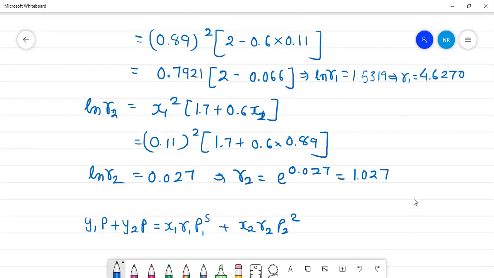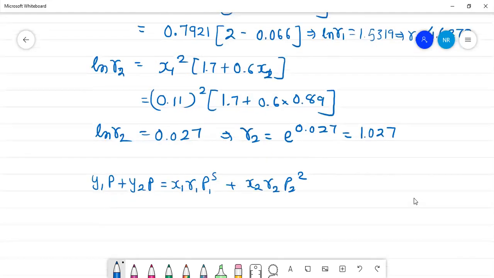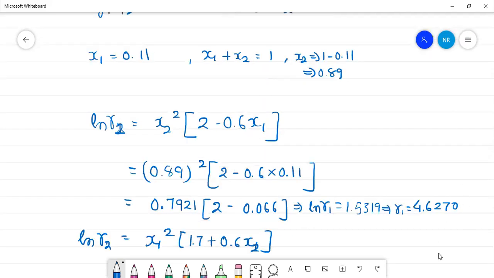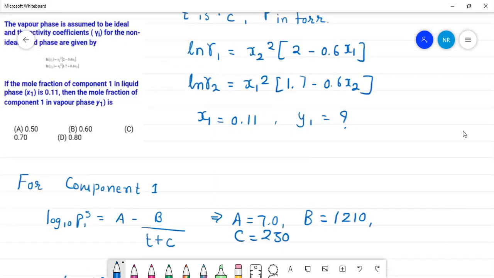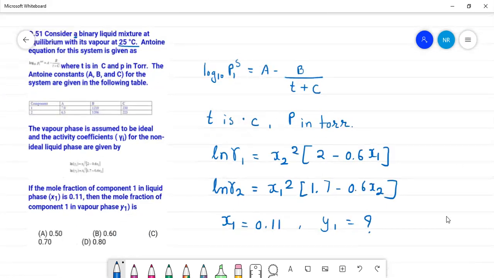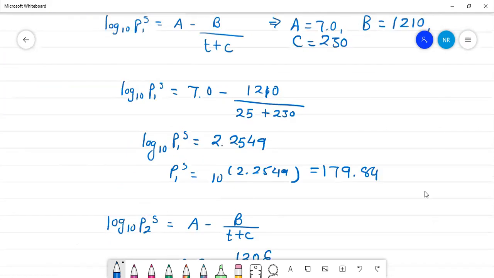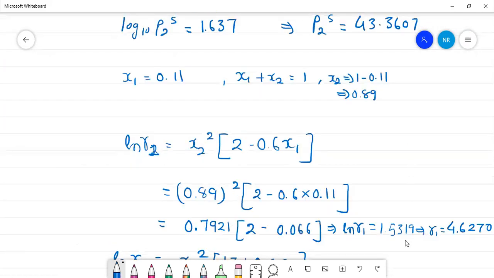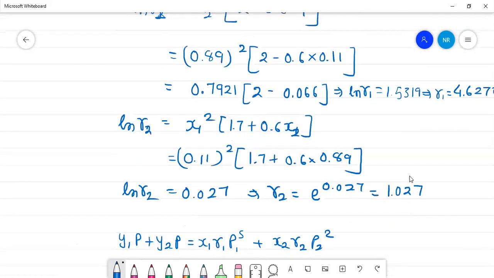So y1 plus y2 is 1. So P is equal to x1 gamma 1 p1 saturation plus x2 gamma 2 p2 saturation. There is no total P given here, only 25 is given. So let's calculate P and then we can calculate the value of y1.